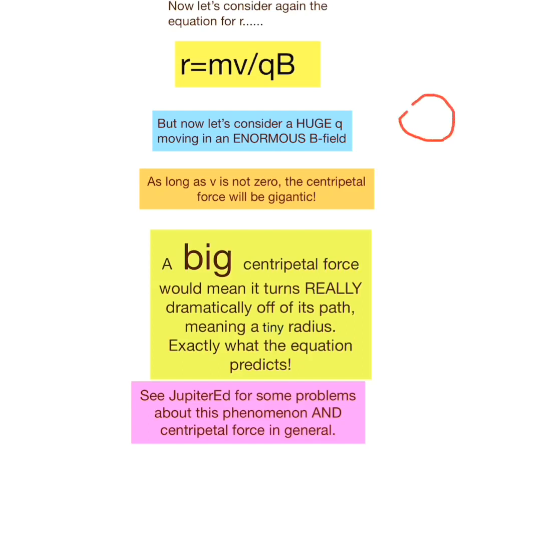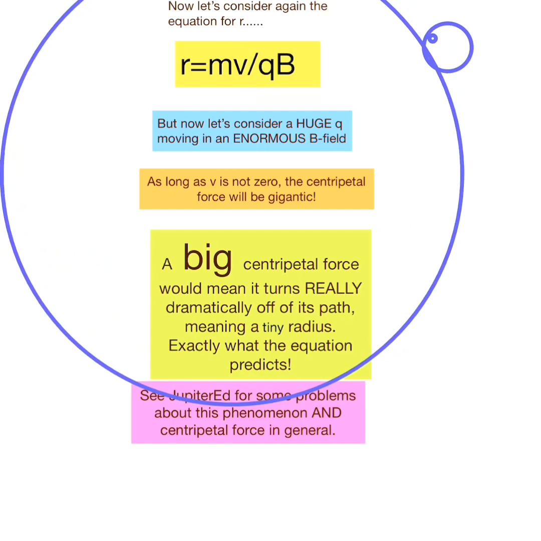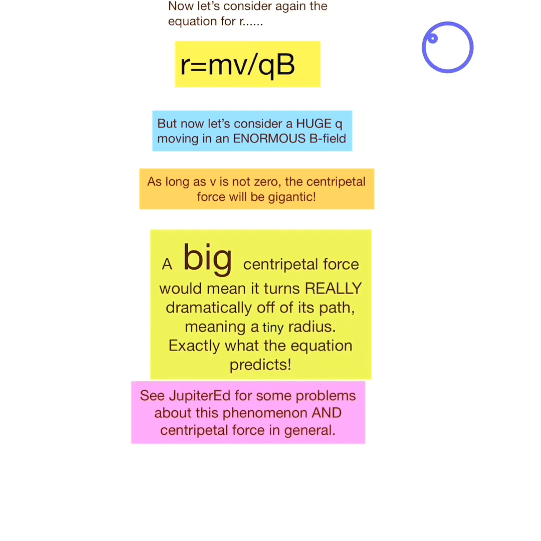So with a large force, we move in a tiny radius, like so. A smaller force would make a larger radius, and a very, very small force would result in a very, very large radius circle.